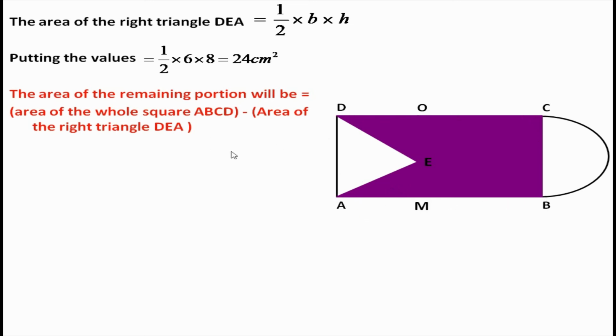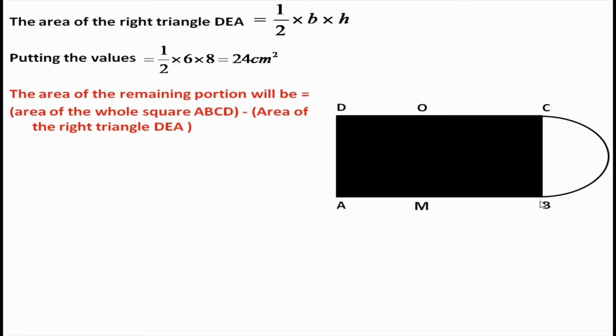Now you will understand properly when I animate it. You will see this is the area of the whole square ABCD. Our purpose is to find the area of the remaining portion.